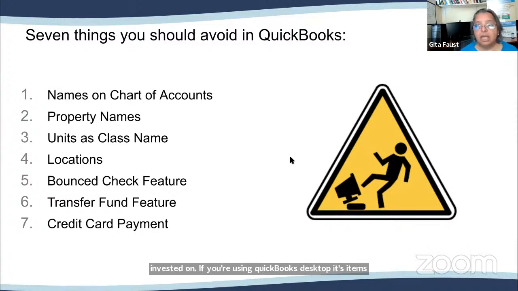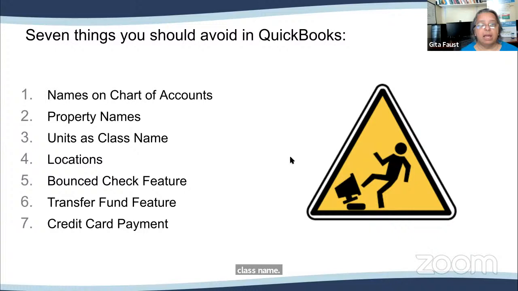In QuickBooks Online, we use products and services. And each and every transaction has to have a class name. That is the only feature in QuickBooks that will prompt you if you do not enter a class name. That's why I am very heavily invested in the class feature, whether online or desktop.